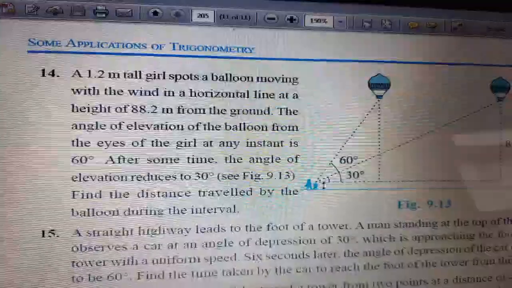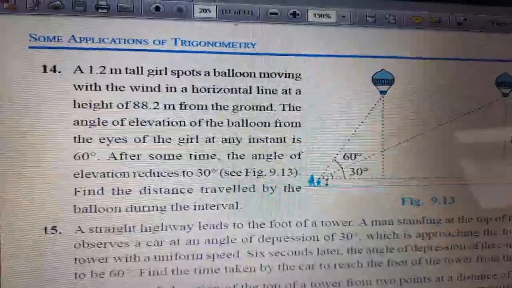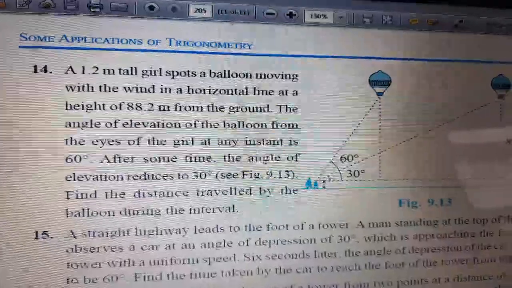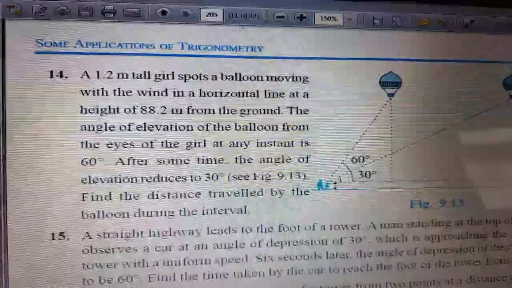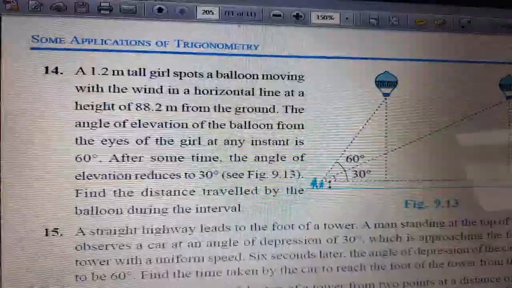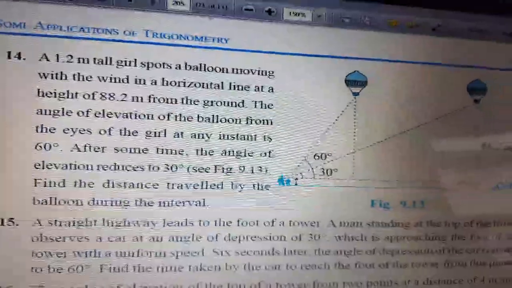The angle of elevation of the balloon from the eye of the girl at the instant is 60 degree. After some time, the angle of elevation reduces to 30 degree. Find the distance traveled by the balloon during the interval.